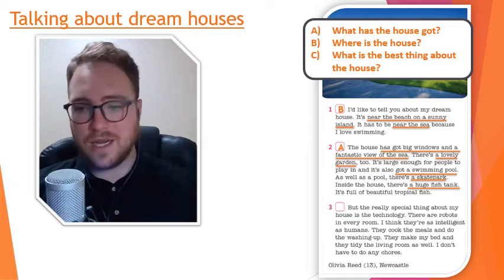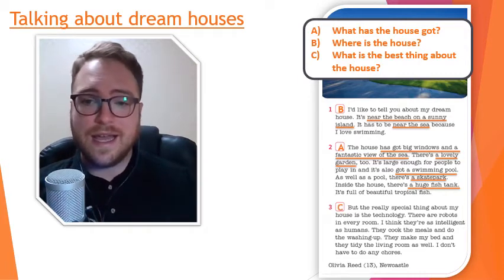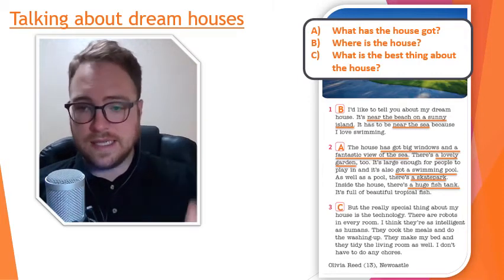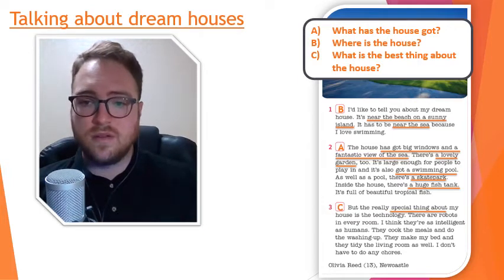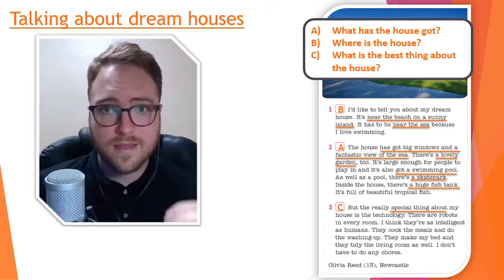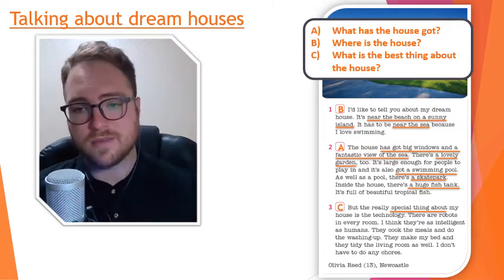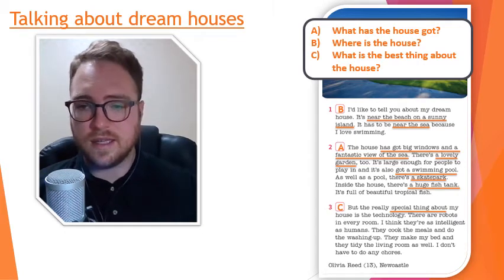There's so many things in this house. It's a big house. And number 3 is C. Here they start to talk about the special thing, the best thing in that paragraph. There's so many things, but she likes the robots in the house.